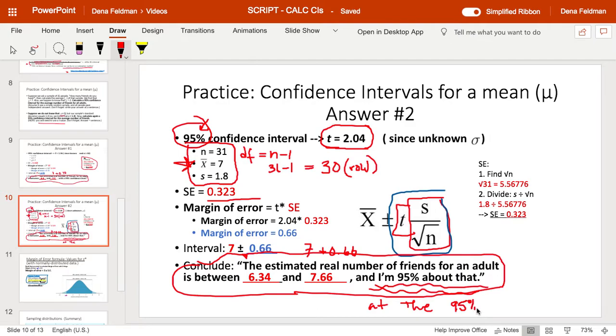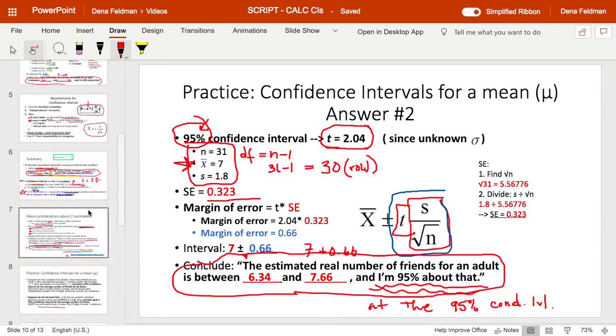And in either case, this tells me that at the 95% confidence level, I can have 95% confidence in the method of estimation I used.